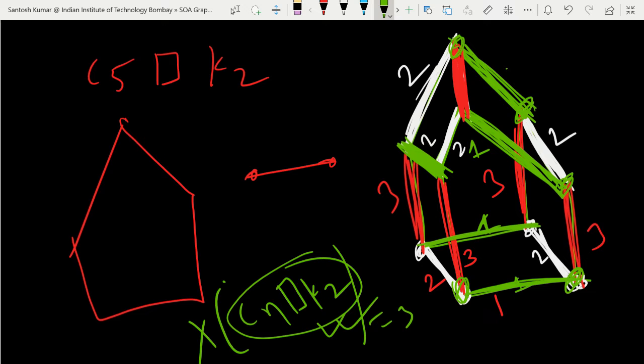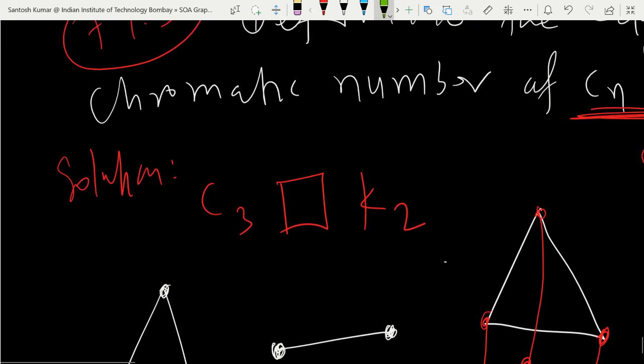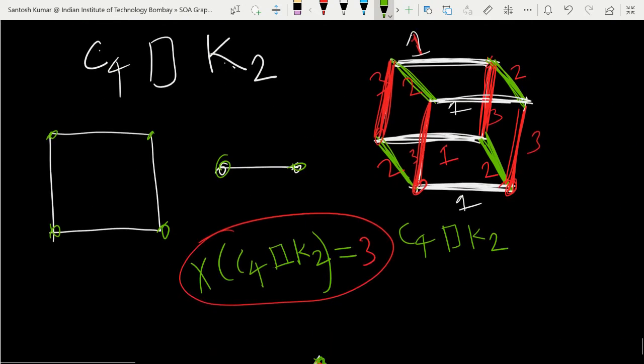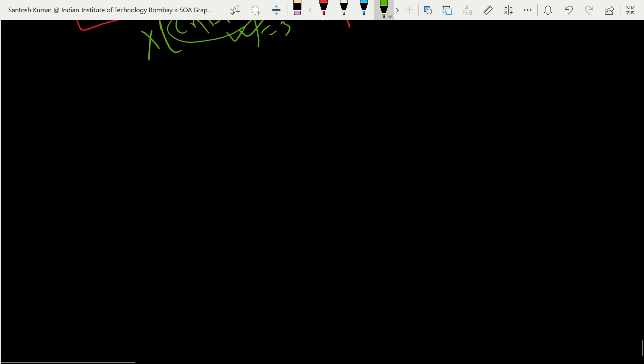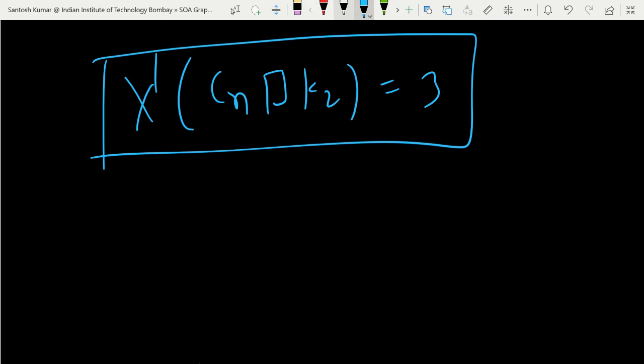It is 3. So we have done just an experiment with 3 graphs: C3 Cartesian product with K2, C4 Cartesian product with K2, and C5 Cartesian product with K2. So we may get the intuition that actually chi dash of Cn Cartesian product with K2 is always going to be 3. But we have to prove it.